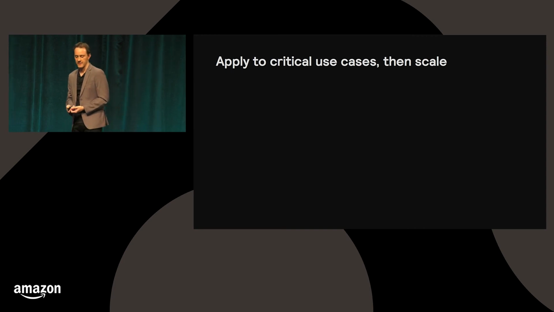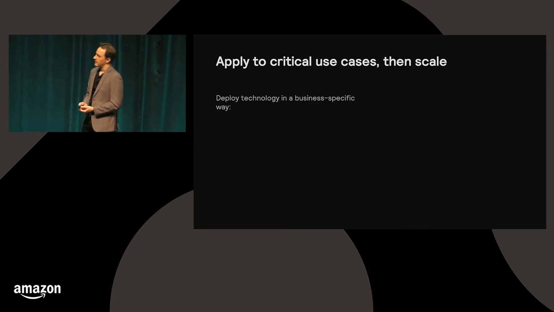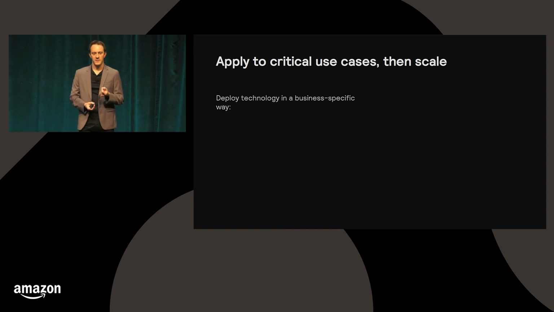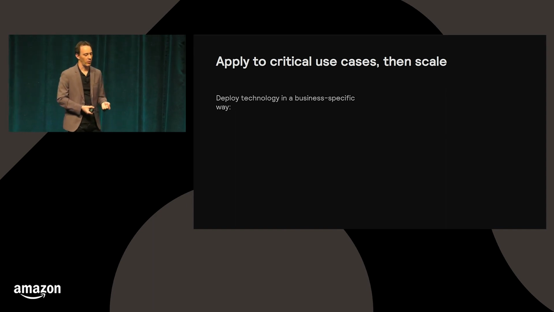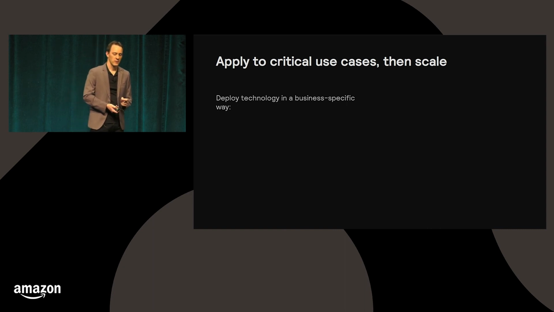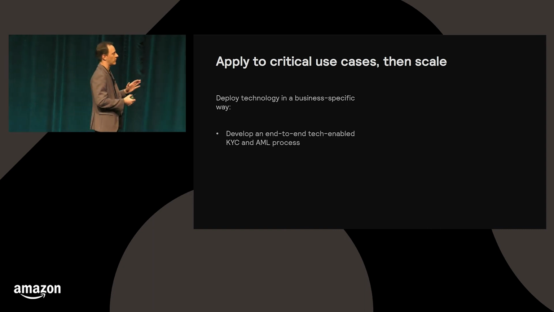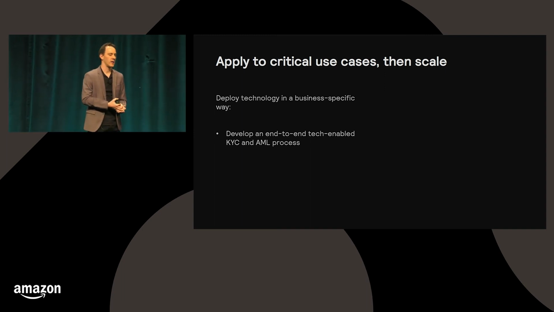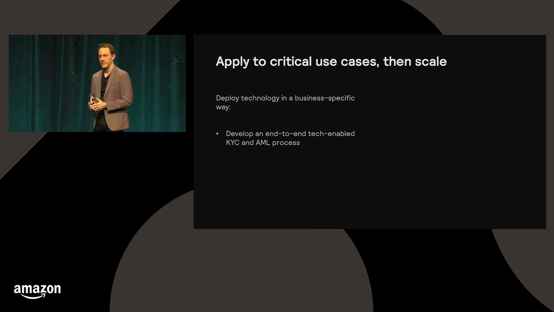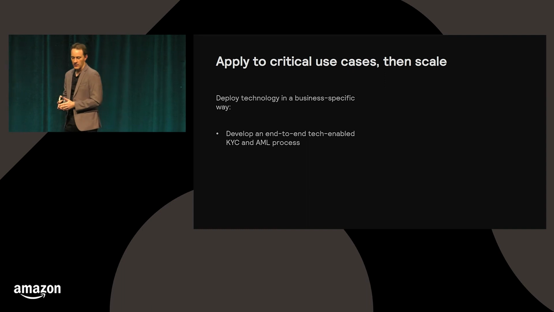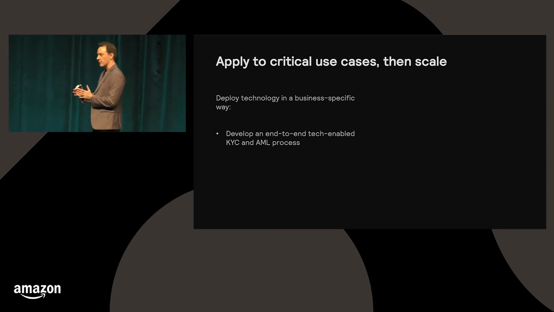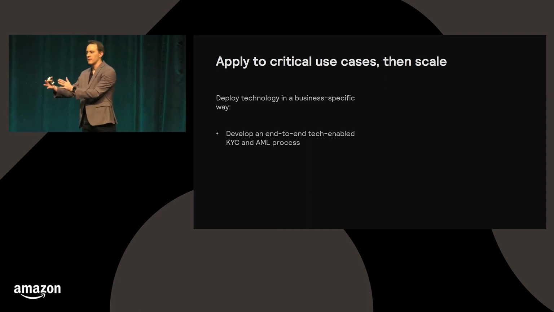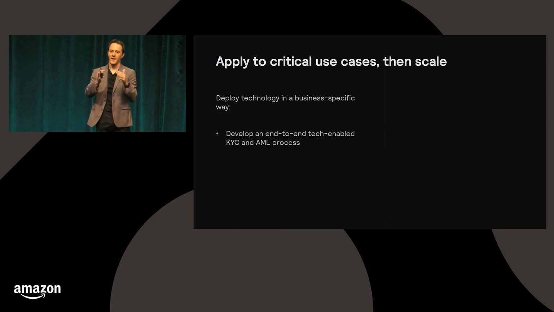At last, these concepts, these approaches, these ideas should be deployed in a business-specific way. So first of all, financial institutions and regulators have to develop an end-to-end tech-enabled KYC and AML process. This goes from the onboarding of a customer to monitoring and due diligence.